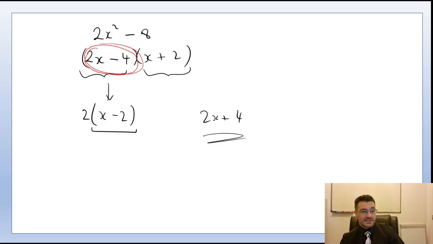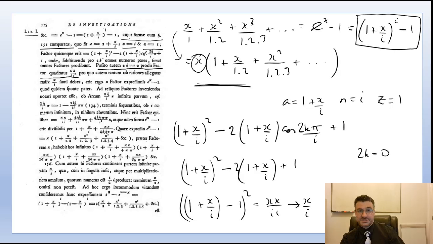Here we're dealing with finite numbers, but we can do the same with infinite numbers as far as we're concerned. So this factor that we've got of x over I, we're going to rescale, and instead of x over I, we're going to have x instead.